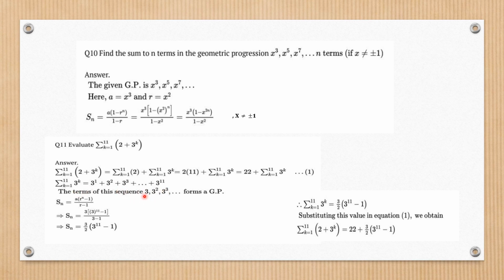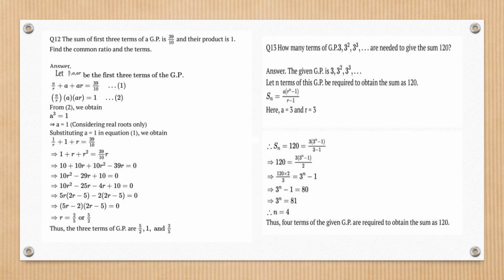Here a is 3 and R is 3, which is greater than 1, so better to use this formula: a times R raised to n minus 1 upon R minus 1. Solved, it will give you 3 by 2 into 3 raised to power 11 minus 1. Now let us come back to number 11. It was already 22 plus this value, 3 by 2 into 3 raised to power 11 minus 1. There is no need to solve this big number. You can just leave it as it is.